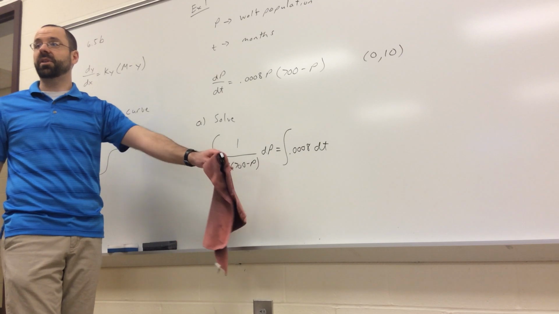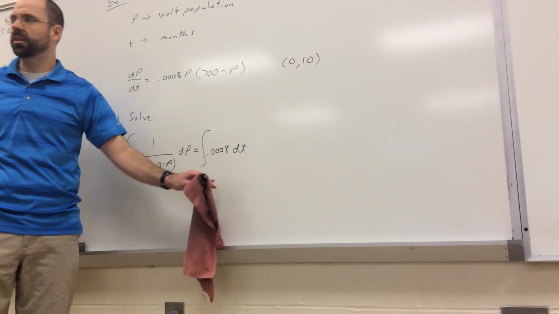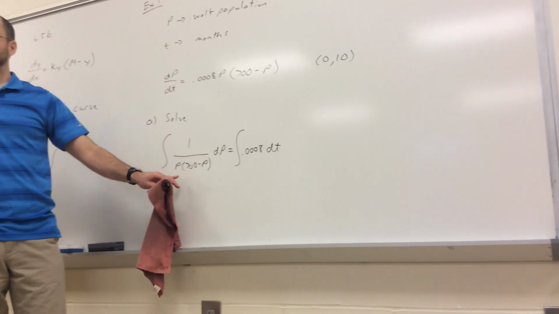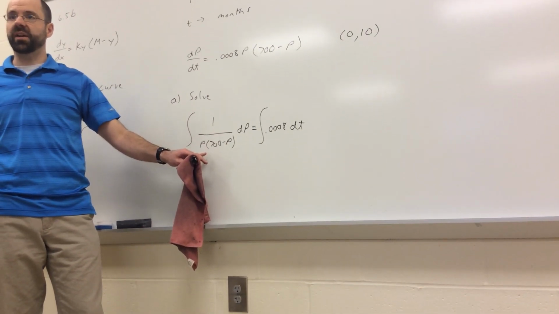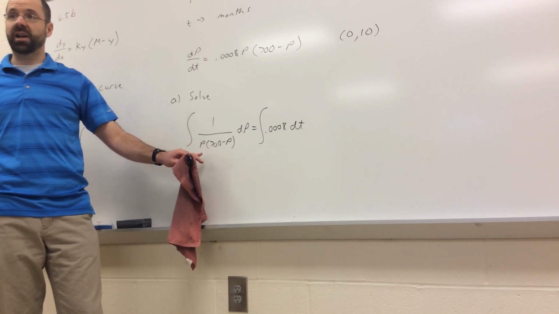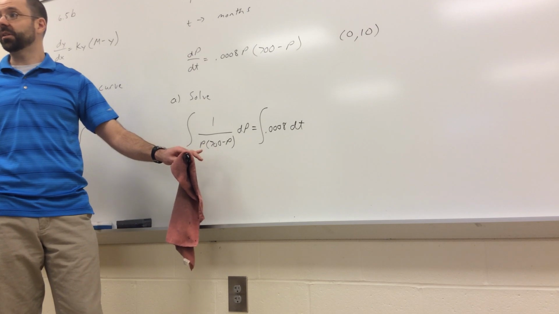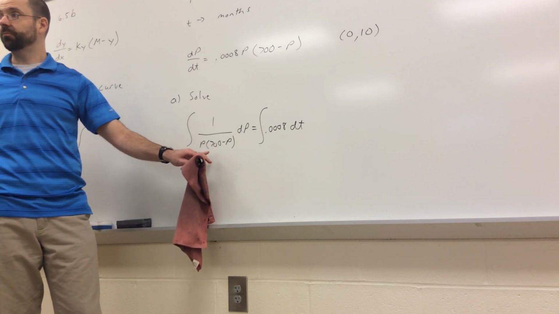The antiderivative of the right side is pretty easy, so we'll deal with that in a second. This antiderivative is tough. When we have tough antiderivatives, we have two tools now. The first one was u-substitution. The second one was partial fractions. So we learned partial fractions yesterday, and that's what we're going to have to do on this problem to take the antiderivative.